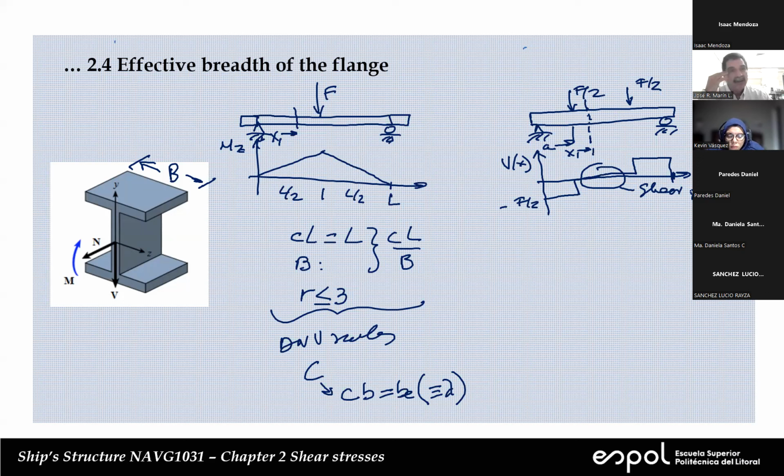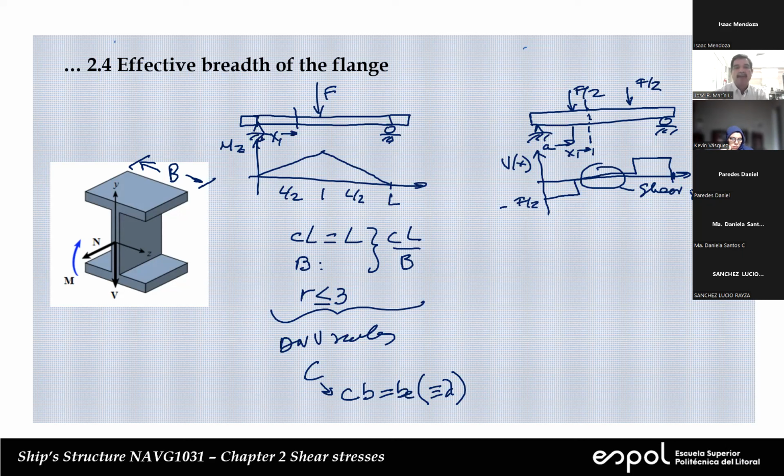What happens if there are no shear stresses? That means that there is no difference from pure bending moment, pure bending theory. So in the second case, basically, we expect to have a more uniform distribution of normal stresses. That's what we expect.